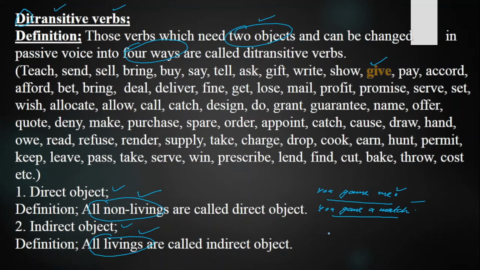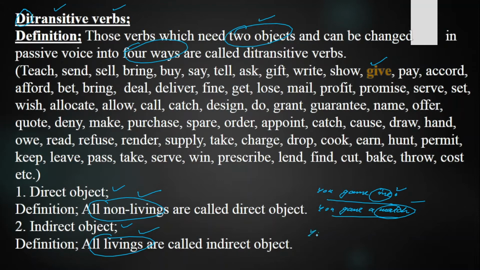Though each has a subject and predicate, it does not give a clear and complete sense, and it needs further completion. For that you need to use the two objects, one direct and one indirect. If we bring both these objects with the ditransitive verb give, then it will be clearer to us.